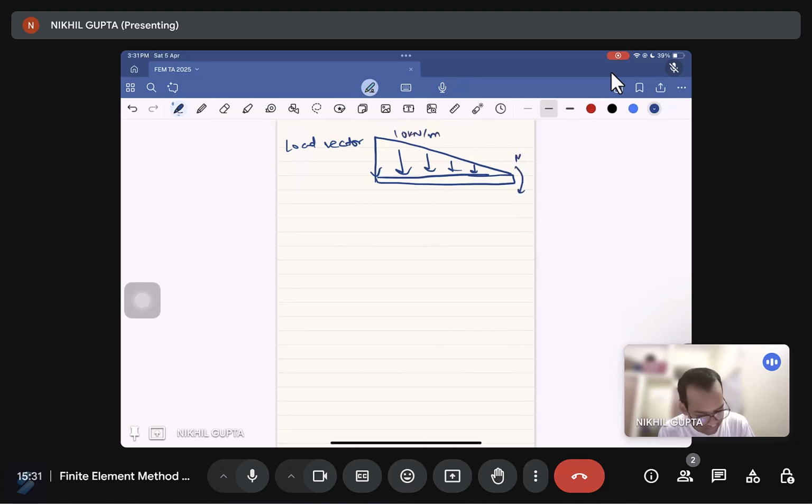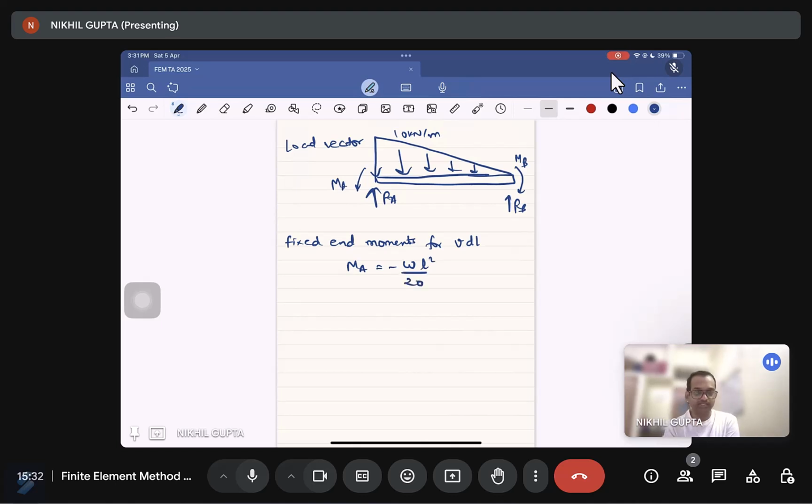This is MB. This is RB. This is RA. And this is MA. So the fixed end moment we know. For a varying distributed load, MA will be minus WL square by 20. This all we know from the structure analysis subject.